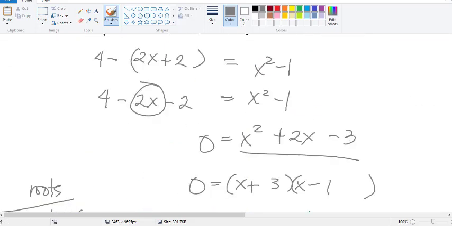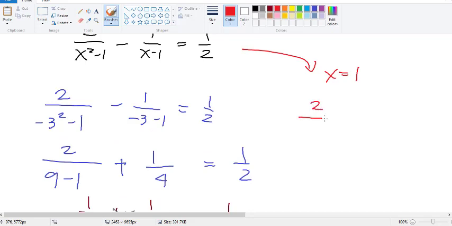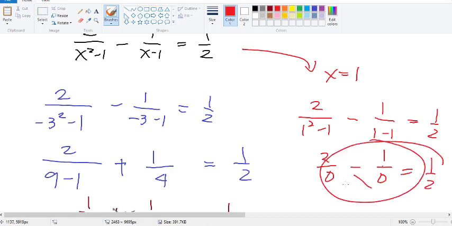How about 1? Try daw natin yung 1. Okay? So, try natin yung x is equals to 1. So, 2 over 1 squared minus 1 plus 1 over 1 minus 1 is equals to 1 half. Automatically, hindi, no? Kasi 1 squared minus 1 is 0. No, it cannot be.